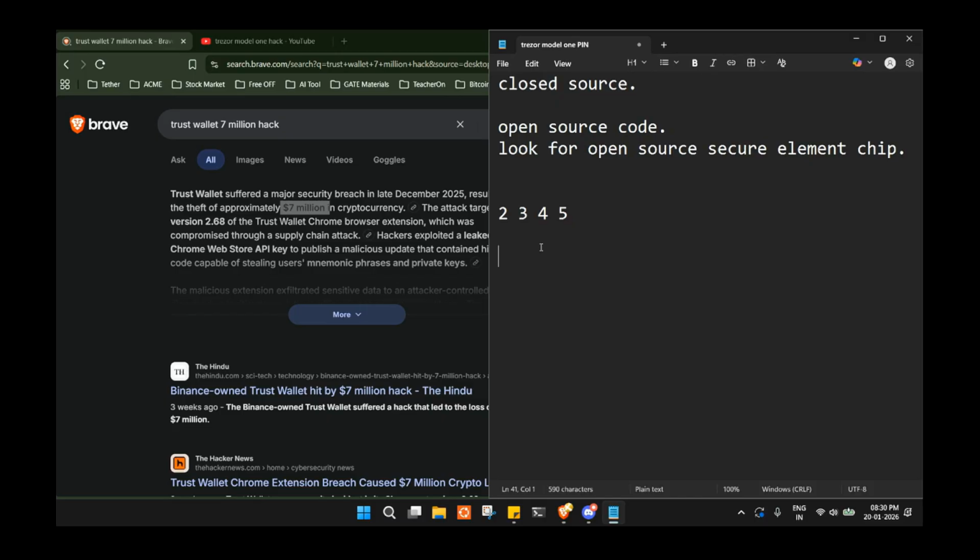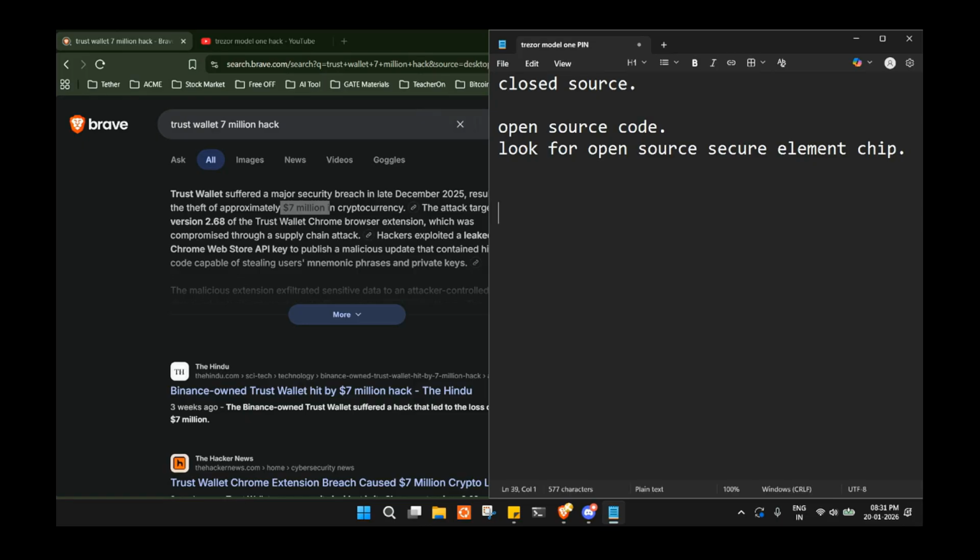But if I try the first two, three, four, and I get to know that the signal for three and four is the same, the signal for two is different, and for all others the signal is the same, that means two is the correct one. So now the complexity is reduced because I have just three digits to try. Then I try again with one, two, three, and if three matches, then I try again with four, then five. That's why people stopped storing those PINs on the microcontrollers on the hardware wallets.